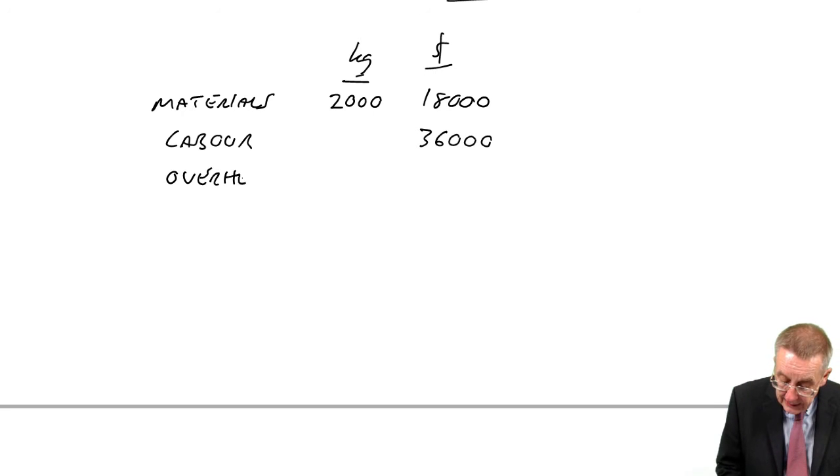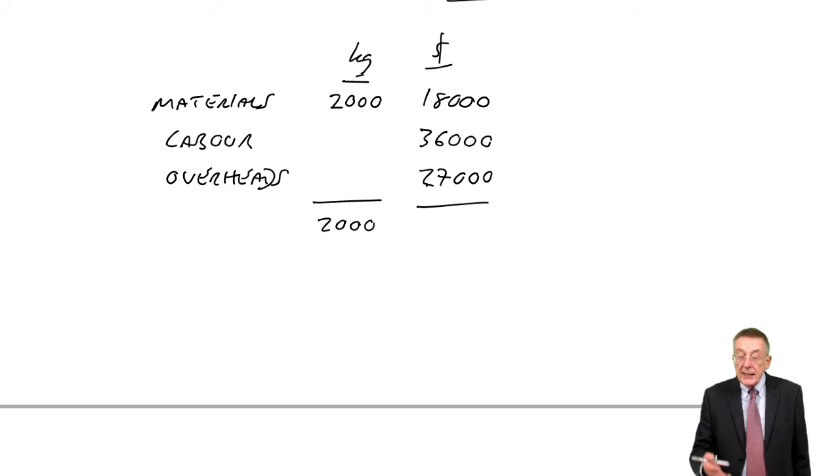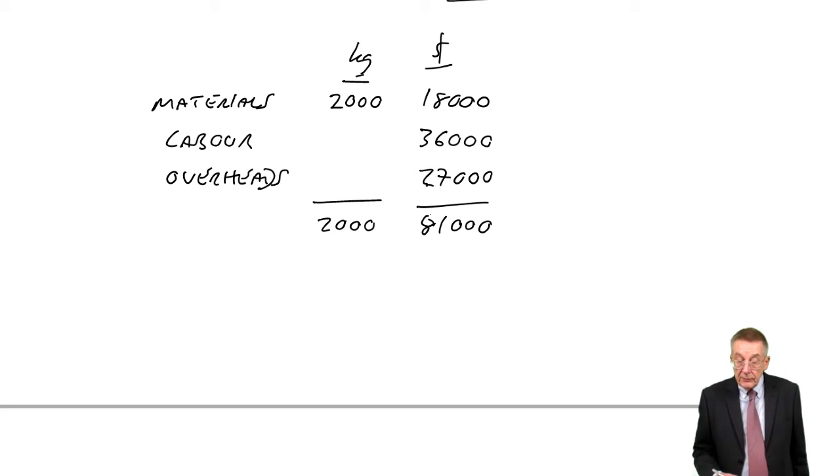Overheads, 27,000. So at that stage, 2,000 kilos, the total cost, 18, 54, 81,000.